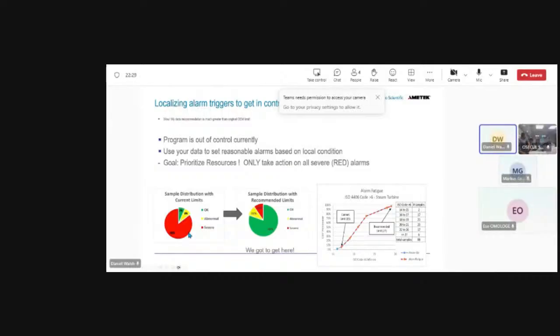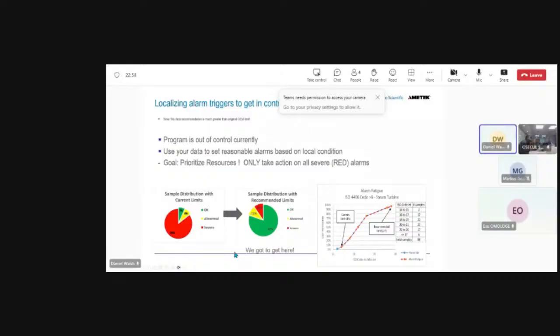So something is wrong. Either the alarms are set incorrectly, or you do have a problem. The reality is that no plant manager can operate a facility today when the majority of your samples are in alarm. It's not possible to operate.